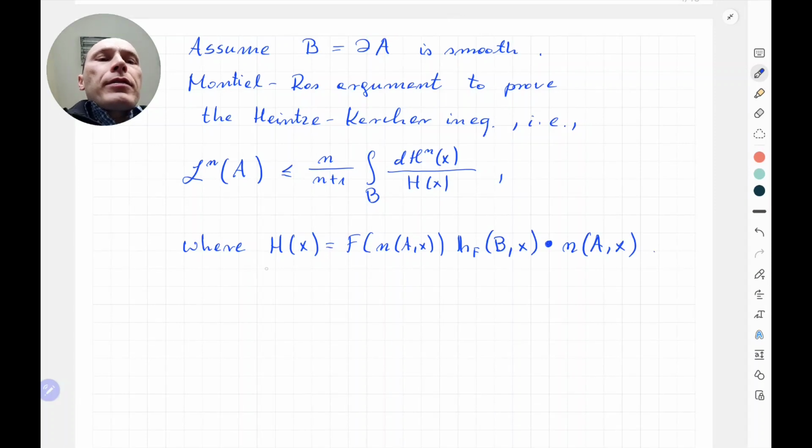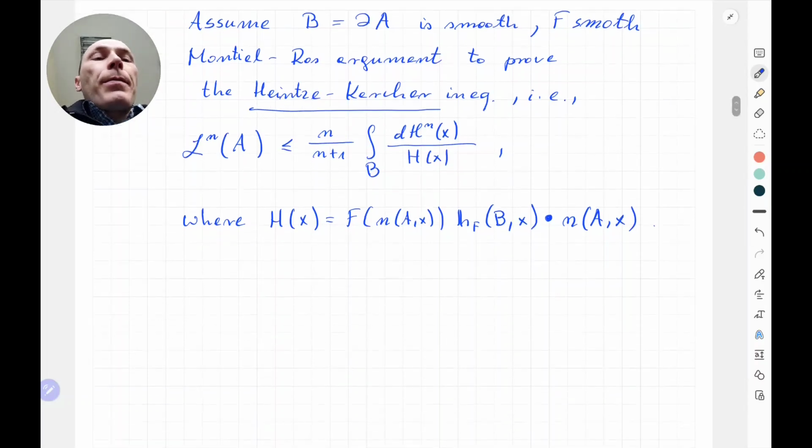We introduce this function h, which is the mean curvature vector scalar product with the normal vector. We can now assume F is a smooth norm, so F is smooth outside the origin. F is smooth, the boundary is smooth, and we will prove the Heintze-Karcher inequality.